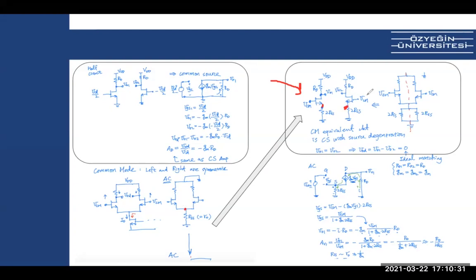Okay, and let's say we have a resistor here like that, right? Then you cut it and this becomes open. Why does it become open? Because the two sides want to be the same, right? So this becomes open. If there is a resistor here, when we do the common mode, we just cut it. Let's put a common mode here. We cut it, so this becomes open.